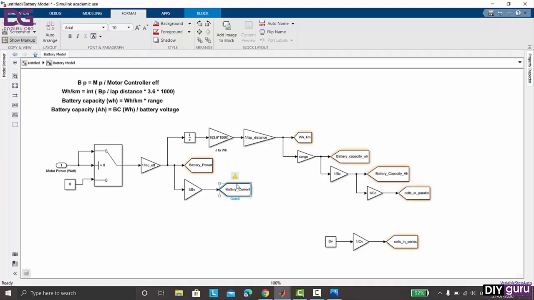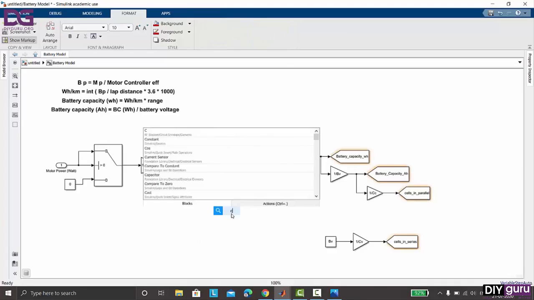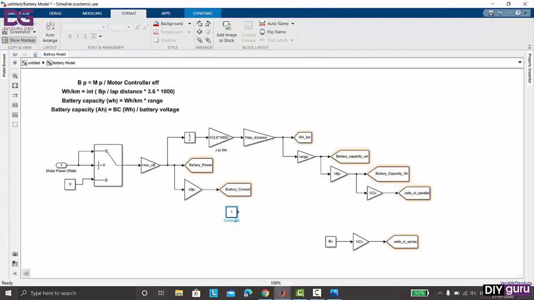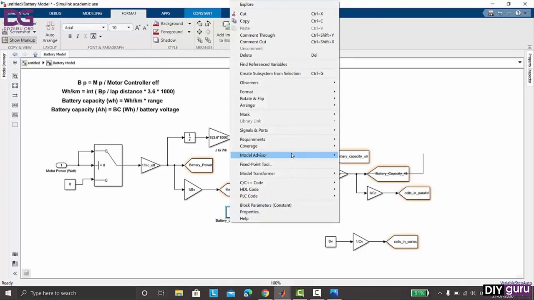Once we get the battery current, if we divide it by the battery capacity in ampere hours, we will get the battery C rate. So add one constant block, and here we will name it as battery capacity in ampere hours. We have to change this value. Once we run it, we get the battery capacity in ampere hours.